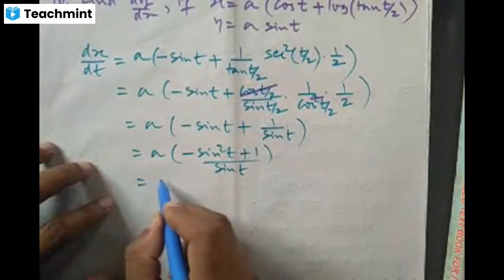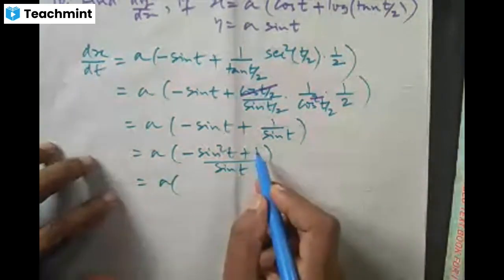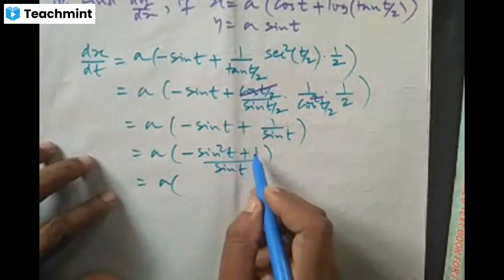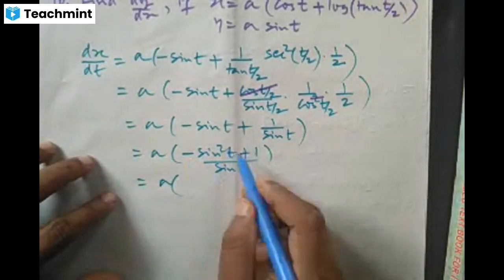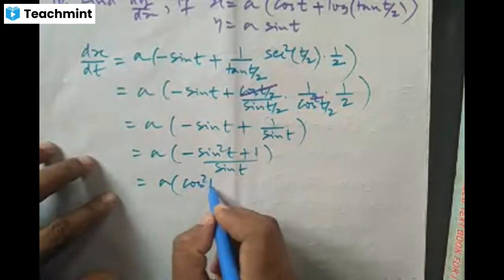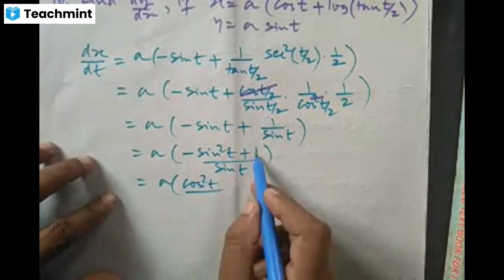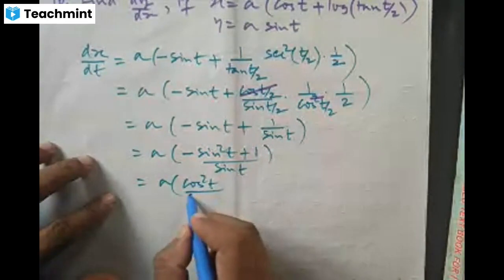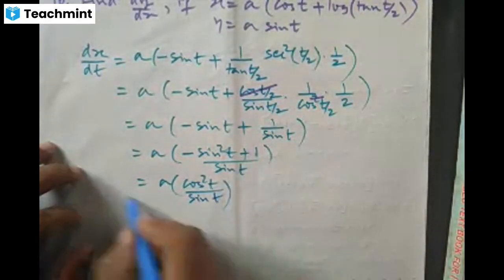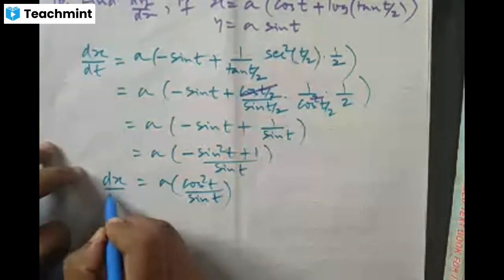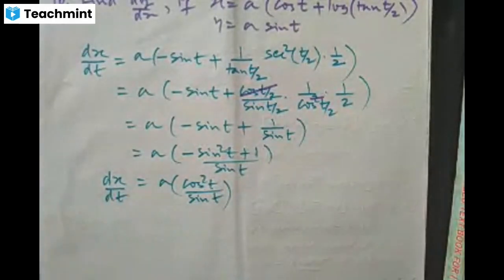So further this is equal to a into minus sin square t plus 1, which is nothing but 1 minus sin square t. 1 minus sin square t is nothing but cos square t, divided by sin t. So we have dx by dt as a into cos square t by sin t. Keep this as it is.